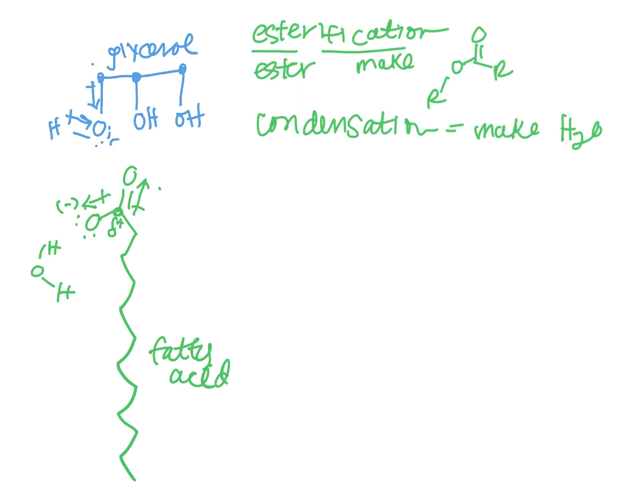So I've got a pretty strong partial negative here and not as strong of partial positives. So to me, what that means is that this oxygen here is going to be my nucleophile, and this carbon here is going to be my electrophile.